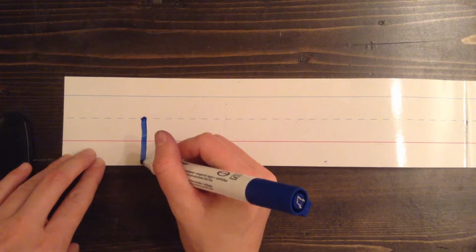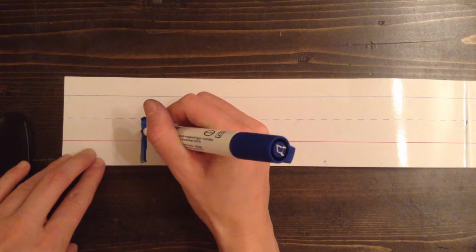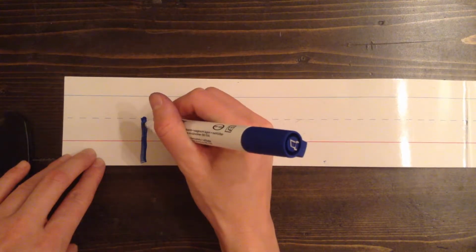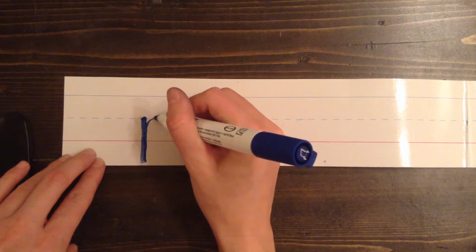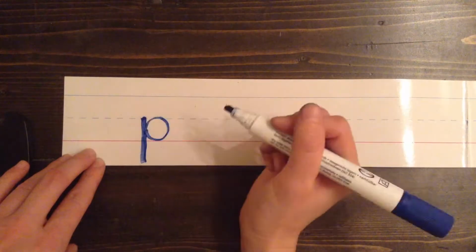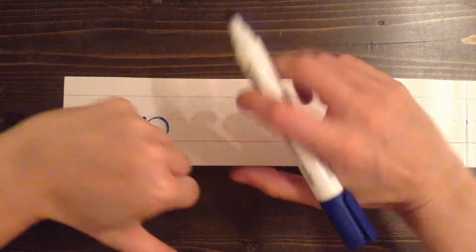Don't pick up your marker. Now you're going to bounce up, right back almost to where you started, but as you get close to the dotted line, begin your forwards rainbow. Then curve all the way around. There's your lowercase p. Remember, you can check it by putting a pig under your bed.